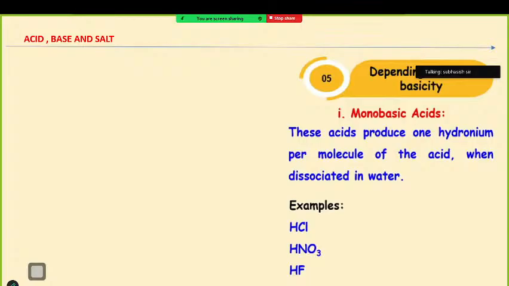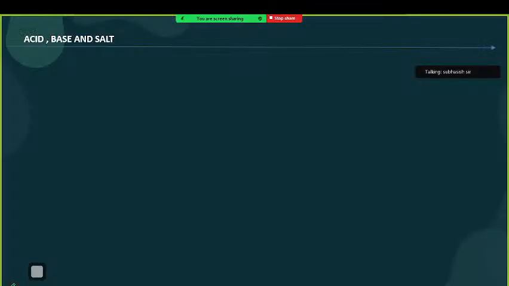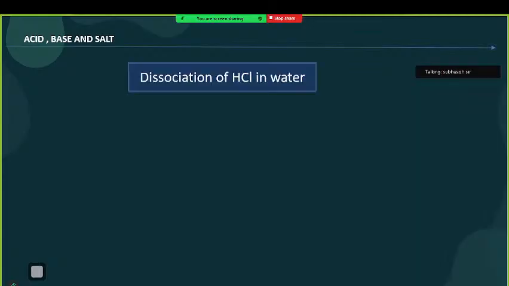Monobasic acids are HCl, HNO3, not H2SO4. H2SO4 is dibasic. So HCl, when dissolved in water, is monobasic. It produces H3O plus and Cl minus. This is the dissolution of HCl in water.